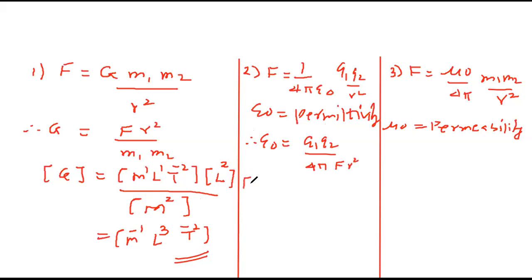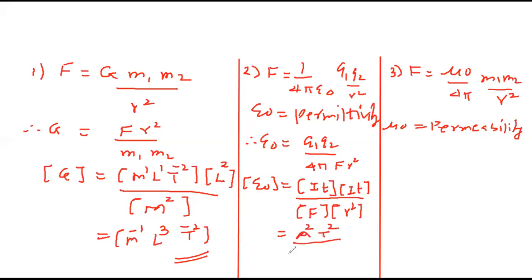Now for permittivity, epsilon naught equals Q1 Q2 upon 4 pi F r square. So the dimension of epsilon naught involves Q. Q is not fundamental, so convert it into IT, where I means current and T means time. 4 pi has no dimension, upon F r square. Now I means A raised to 2, T is T raised to 2.